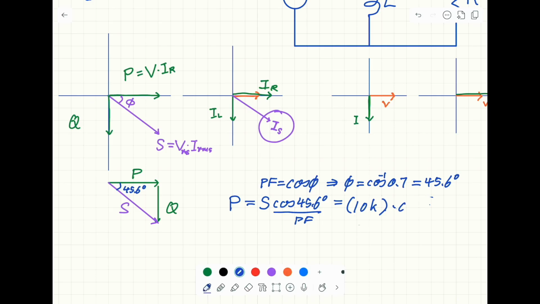So this is 7.0 kW. Watt, we use the watt because this is the real power.